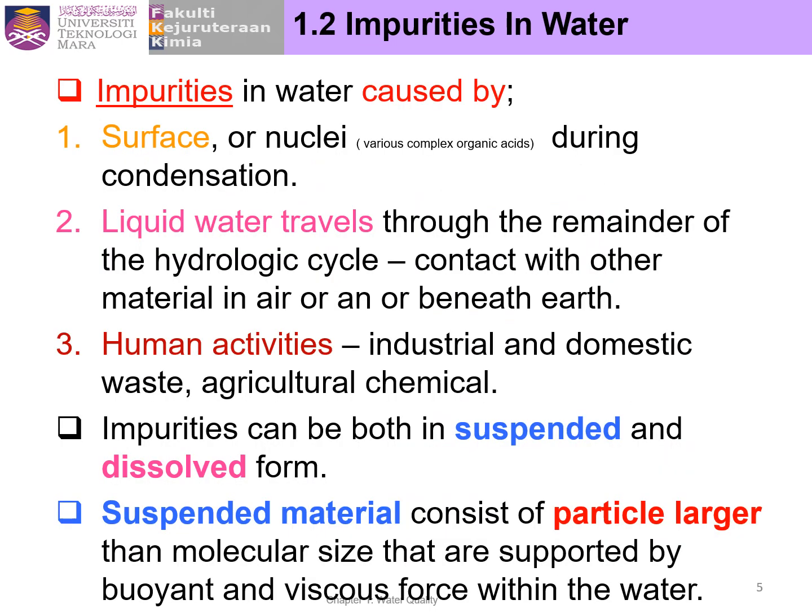Impurities of water. Because environmental engineering is a reading subject, in the slides I just highlight the key points. For your information, to answer the questions, for example during your MTA, the most important thing is that you have the keywords.